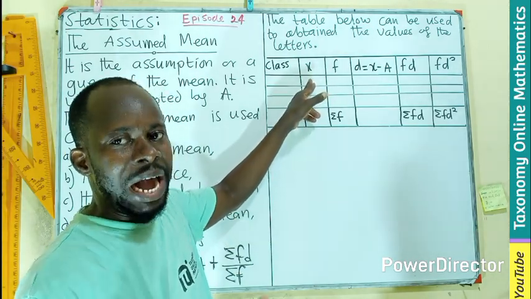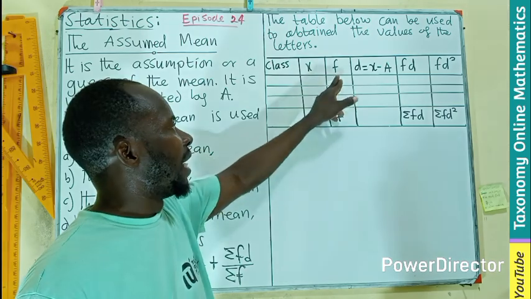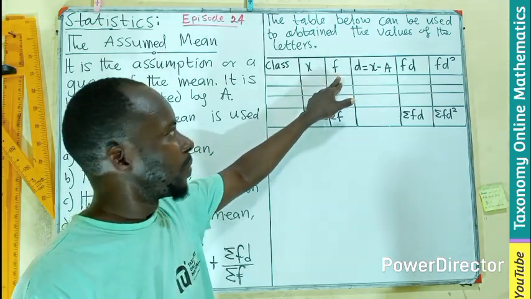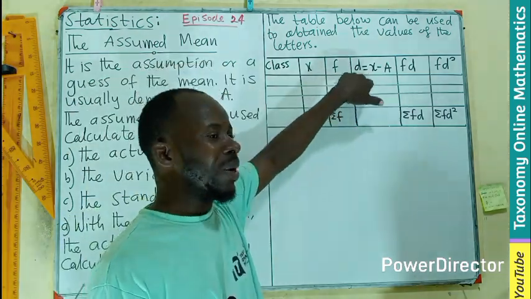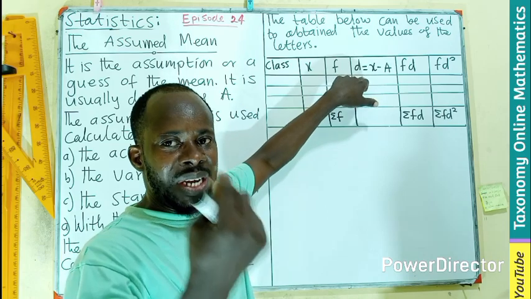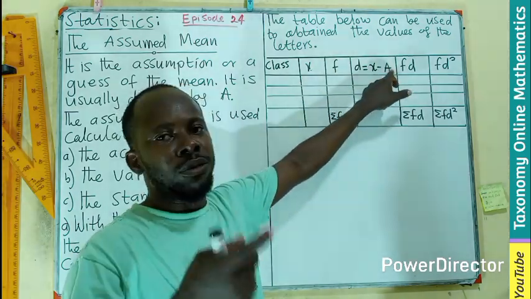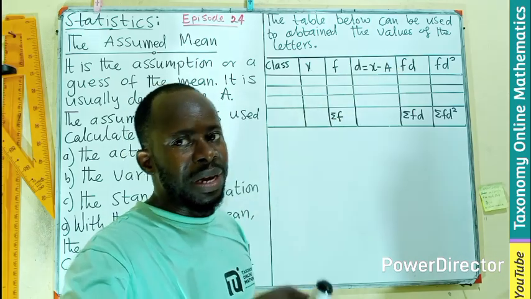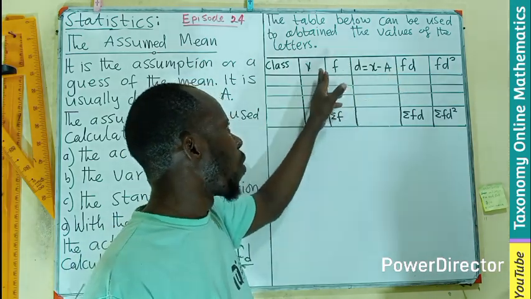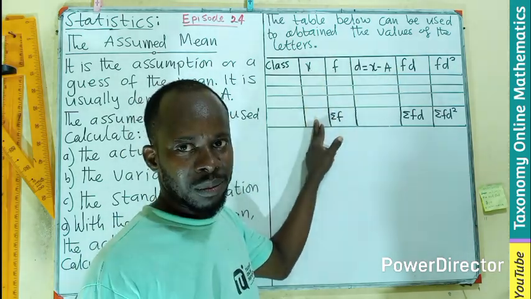The midpoint becomes the x value. Then the frequency will obviously be given. Then your d, which is the deviation of the data point, the x value, from the assumed mean, the assumption you have made. So you subtract the assumed mean from all the x values.